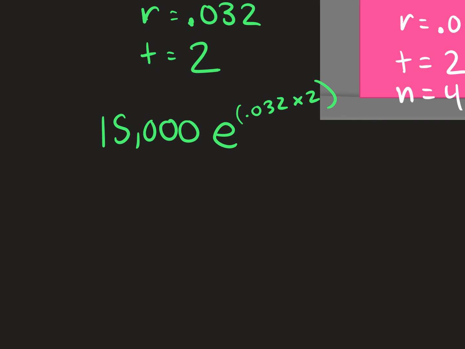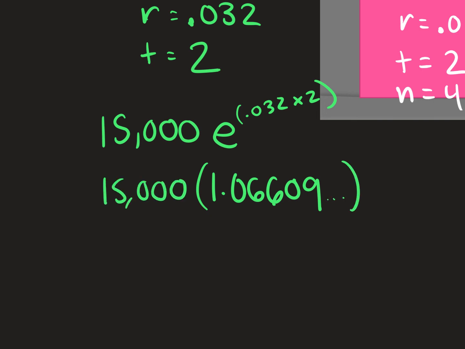And then I do e raised to that power. So we should get 1.06609. And then last step is we multiply that times 15,000. So 15,991.3. It says 385, so it would round up to 39.